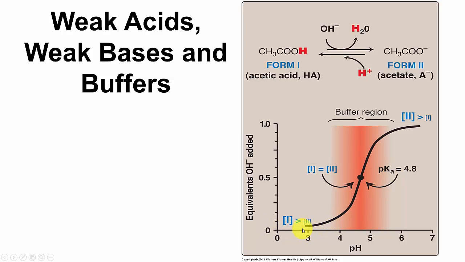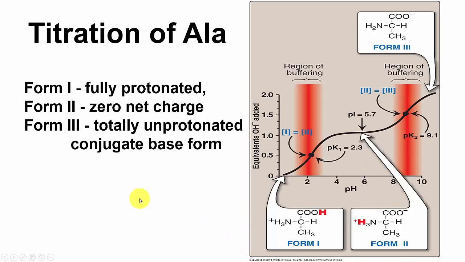Below that, adding more equivalents of hydroxyl group changes the pH pretty dramatically, but the pH doesn't change much in this region because we're getting buffering capacity here. And then finally, once the reaction has all taken place and all the protons are gone, the pH changes a lot.